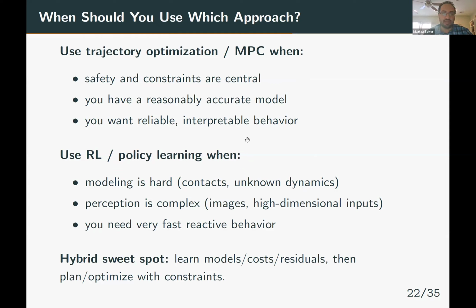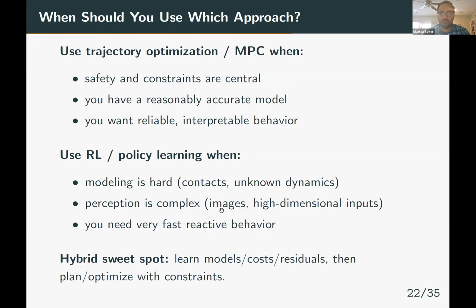You should use reinforcement learning when modeling is hard. Think about a self-driving car, or humanoid robots, right? Coming up with mathematical models for these systems is hard. So in that case, the obvious choice should be reinforcement learning, and also when perception is complex.